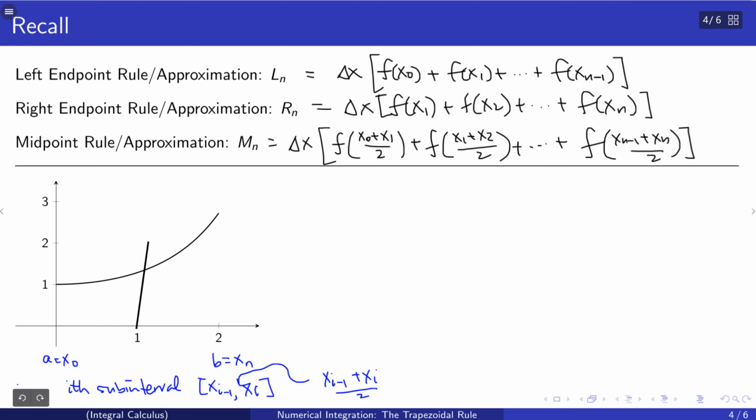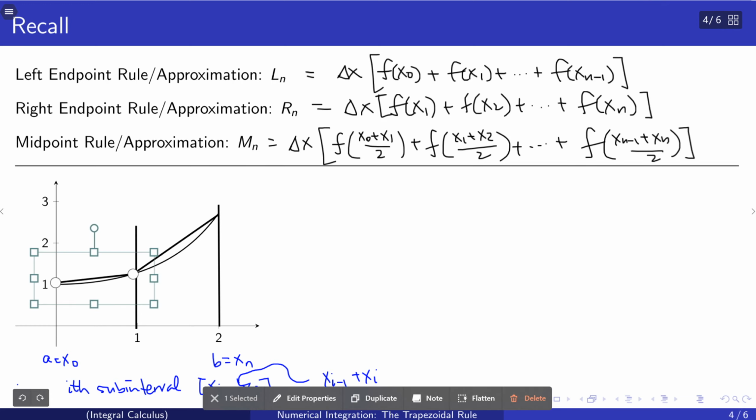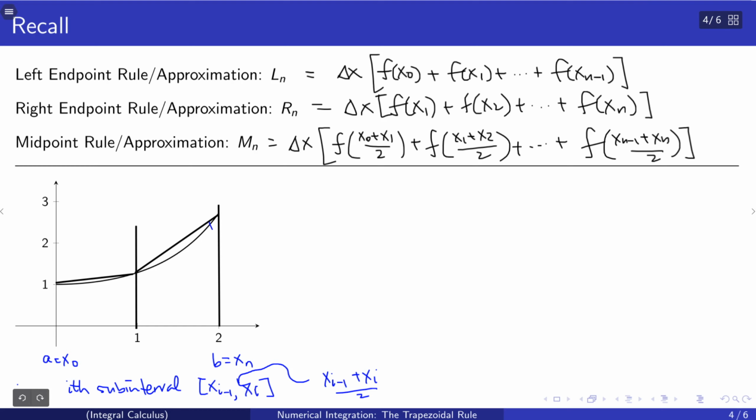Say we wanted to approximate the area in this manner, where instead of using rectangles, where their width is a given and the height is given by some x i star, why don't we use information of the left and the right endpoint to give us something like this, where the area approximation is going to be the area of this region here plus the area of this region here, where we've used a segment to connect the function values at the 2 endpoints, the left and the right.